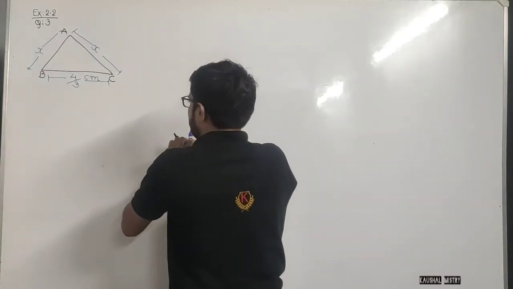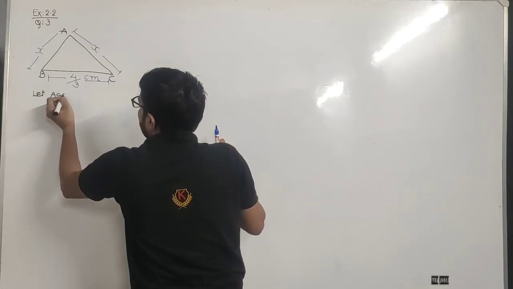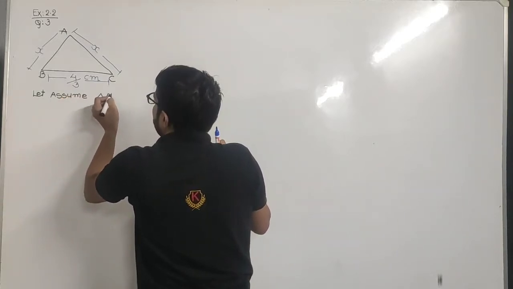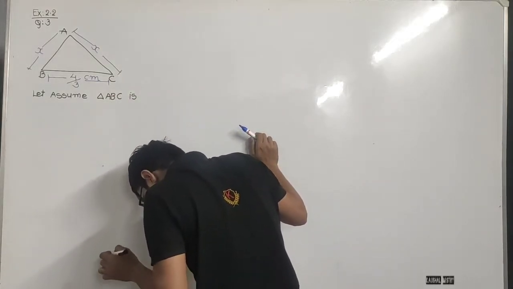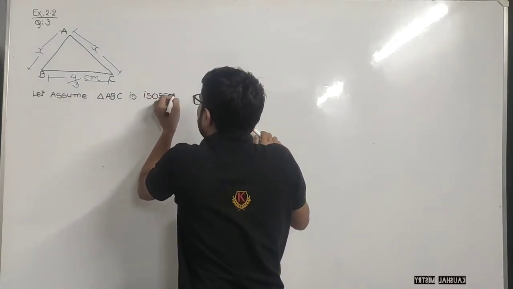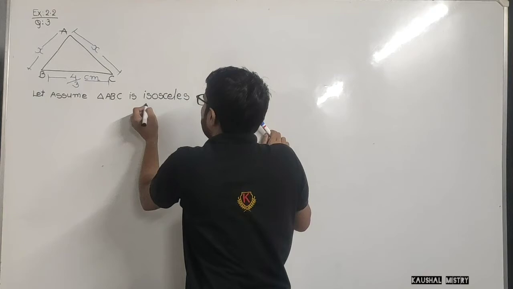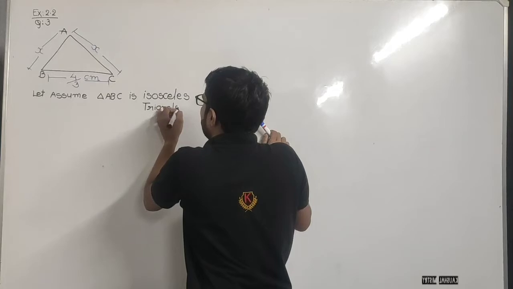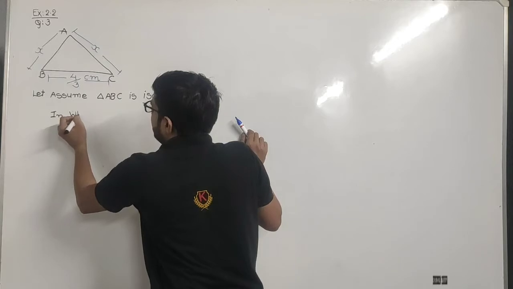So first we are going to assume triangle ABC is an isosceles triangle, right? In which we can definitely say that two sides are equal.